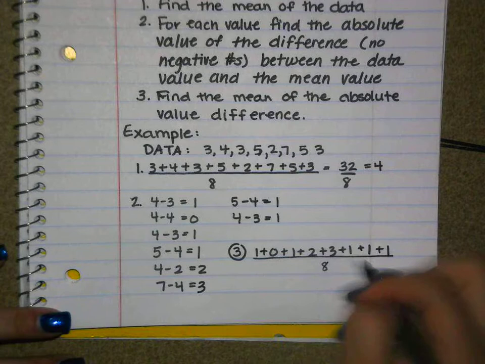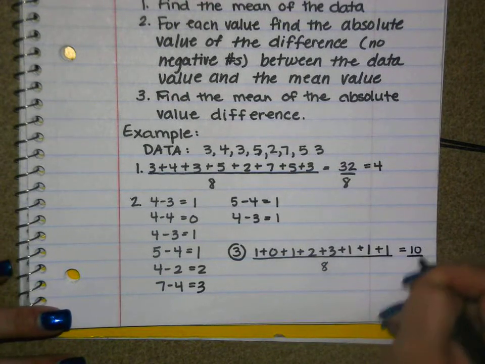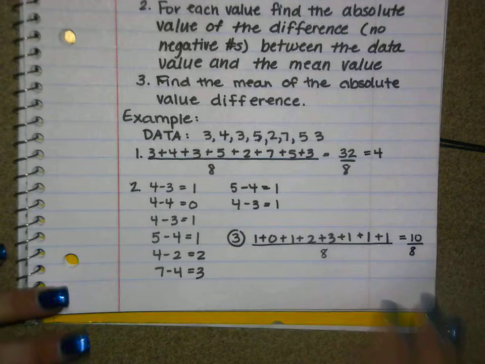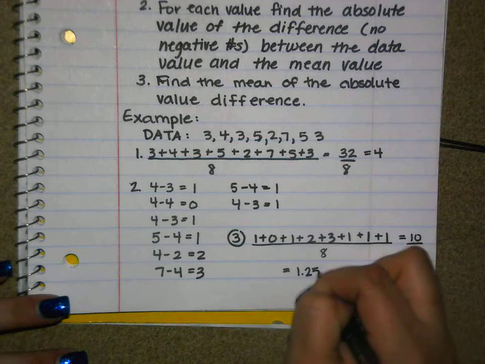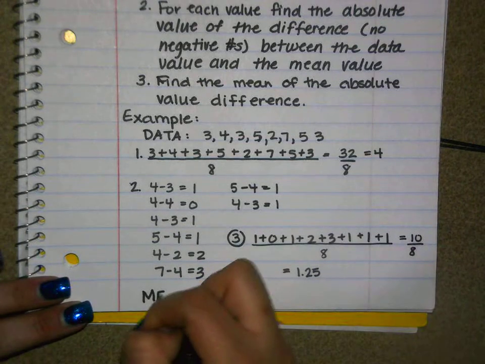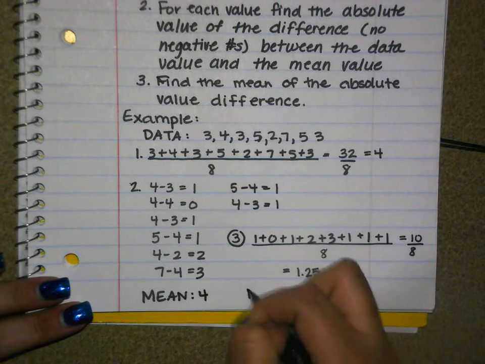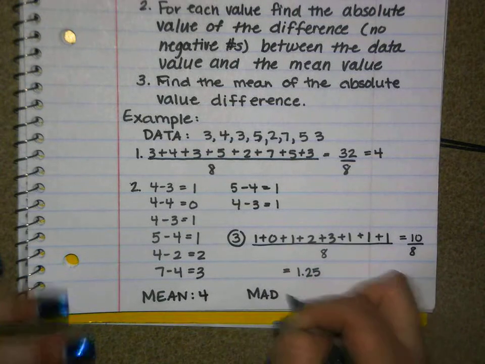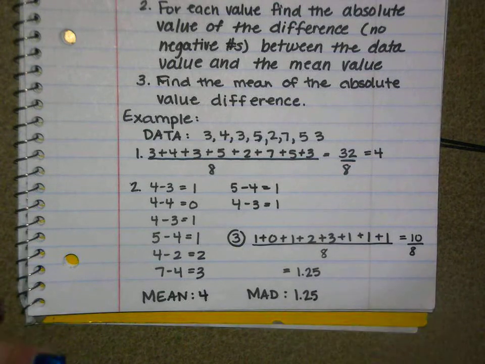If we add up all these numbers together, that's going to give us 10 divided by 8, and that is going to equal 1.25. So the mean of this data set is 4, and the MAD, or the mean absolute deviation, of this is 1.25. Okay? Now, hopefully that makes sense to you.